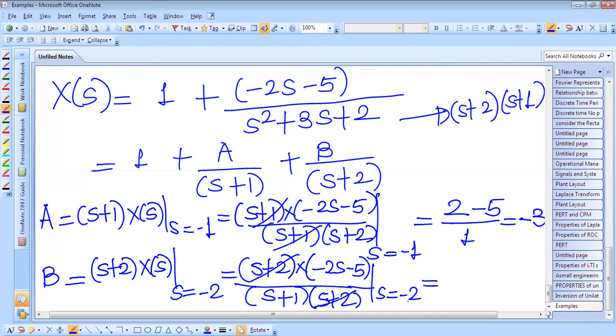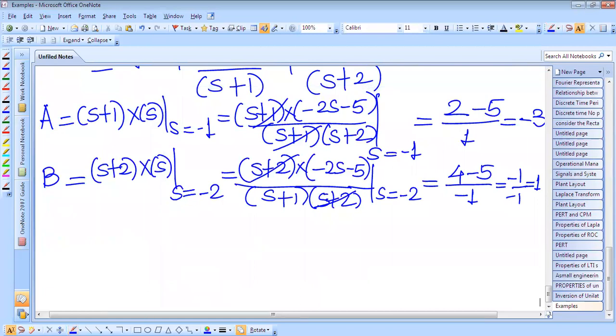So put s is equal to minus 2. It is 4 minus 5 divided by minus 2 plus 1, which is minus 1. Therefore it is minus 1 by minus 1, equal to 1. So coefficient A is equal to minus 3 and coefficient B is equal to 1.